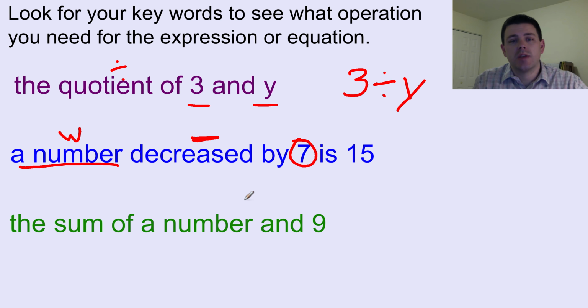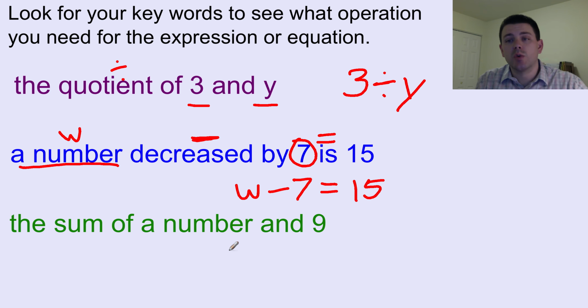So that's going to be our other piece. So w minus 7 is 15. Okay, if you remember from the middle of our chart, is signals that's where your equal sign goes. So equals 15. So some number minus 7 is equal to 15. Think for a second, what could that number be? What could I subtract 7 from and get an answer of 15?